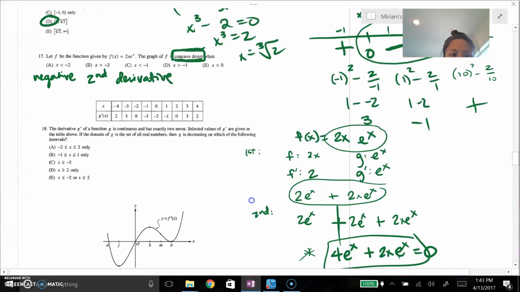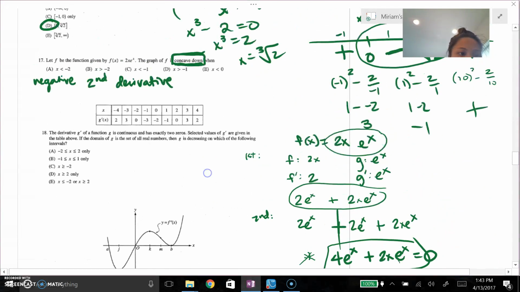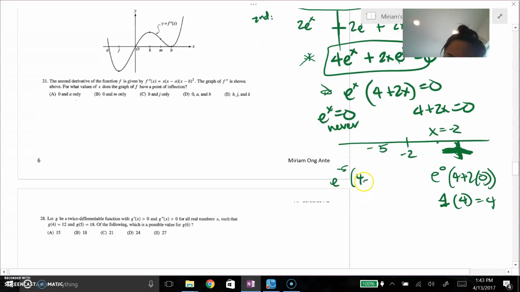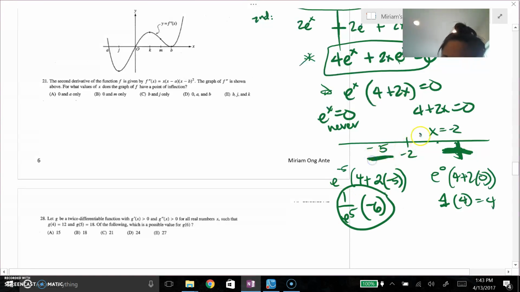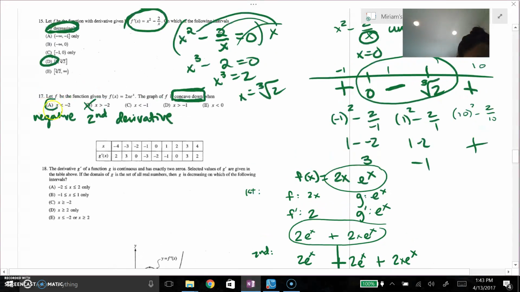So we're looking for a negative, okay? So already -2 and above is not an answer. We can cross off all the -2 and above. Okay, if I plug in -5, e to the -5, 4 plus 2 times -5 becomes 1 over e to the 5 times -6, which is a negative number. So this is what we want, everything before -2. So is there everything before -2? Absolutely. That's when it's concave down.